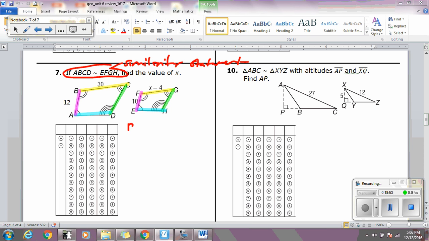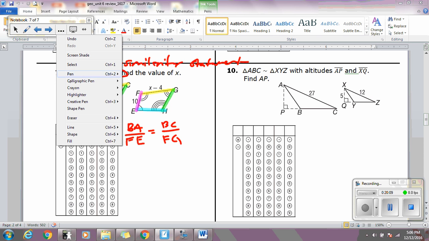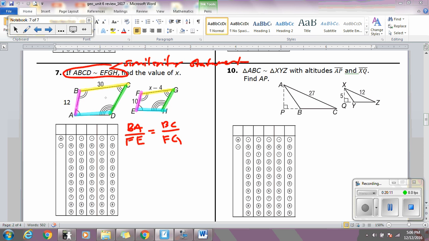So I can do BA is to FE as BC is to FG. Now I can replace it with the actual measurements on the picture. BA was 12, FE was 10, BC was 30, FG is x minus 4.